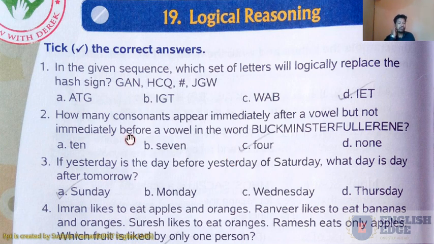You have to find how many consonants appear immediately after a vowel but not immediately before a vowel in the word. Here the answer is 4. In the live class I will tell you how the answer 4 is correct. If the answer 4 is correct, you have to tell the reason.